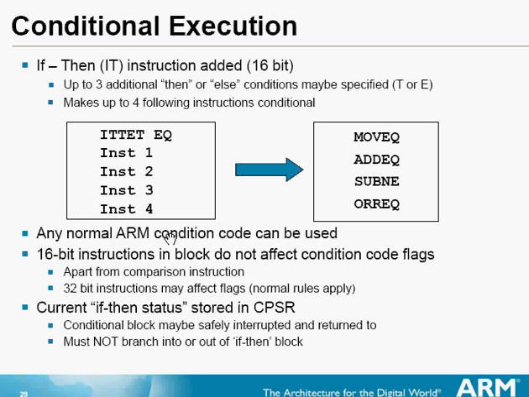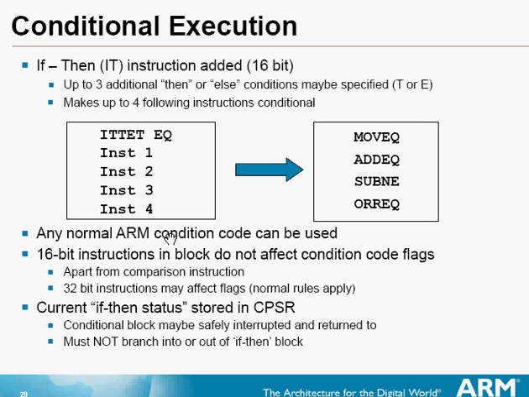Any condition code can be used, however 16-bit instructions inside the block cannot set flags, with the exception of the comparison instructions. There is a special IT, if-then, status bit in PSR, so a block can be safely interrupted and returned to, otherwise the IT condition wouldn't know whether this has happened or not.